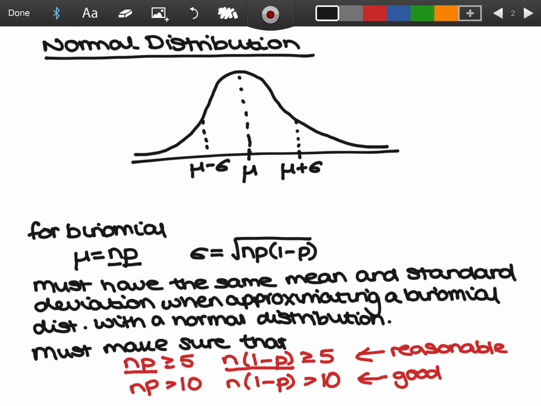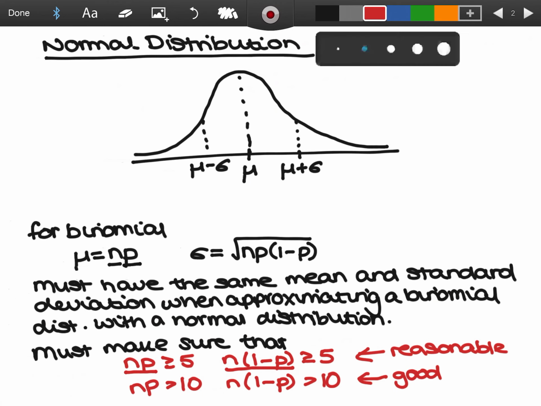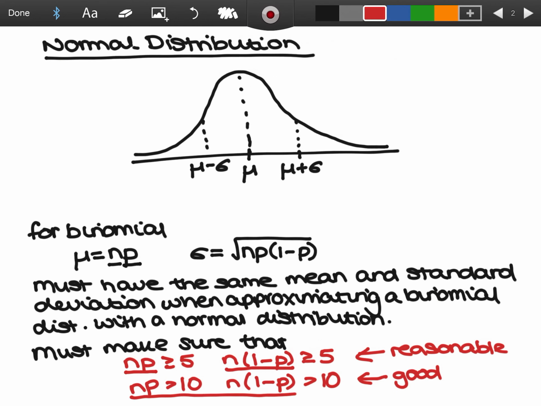So whenever it gives you a situation and it says, would it be a good idea to use a normal approximation to the binomial distribution in this case, make sure that you check these 2 things: n times p is greater than 10 and n times 1 minus p is greater than 10. If both of those things are greater than 10, you can go ahead and use a normal distribution as an approximation to the binomial distribution. Okay, so that's the other type of homework problem that you will see.